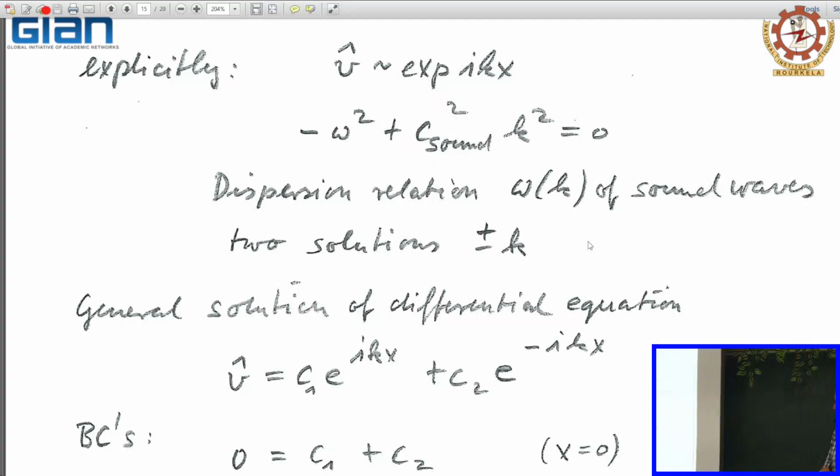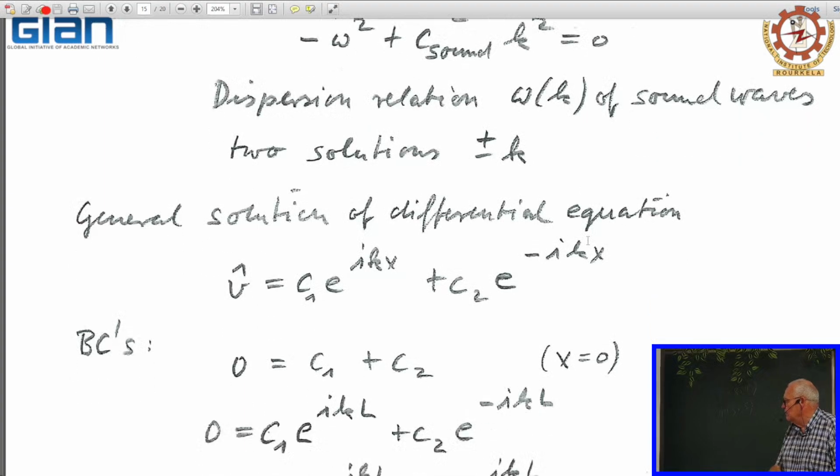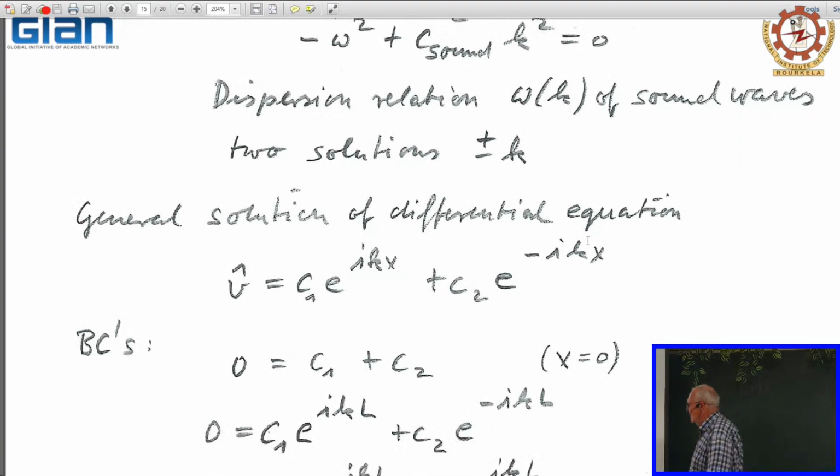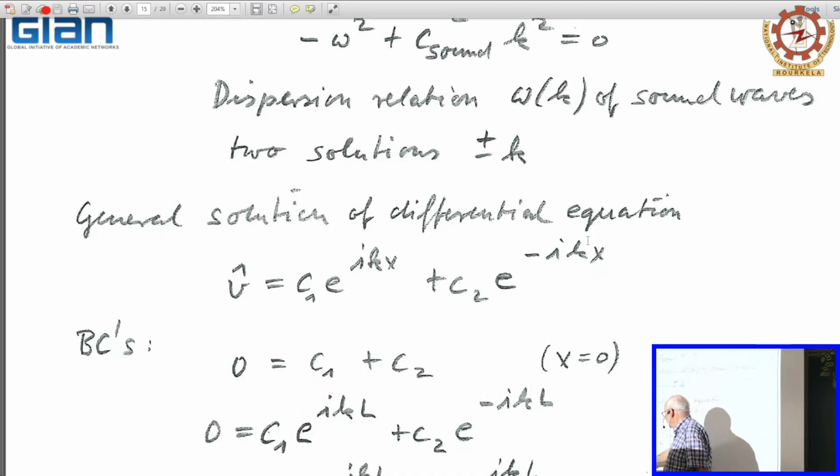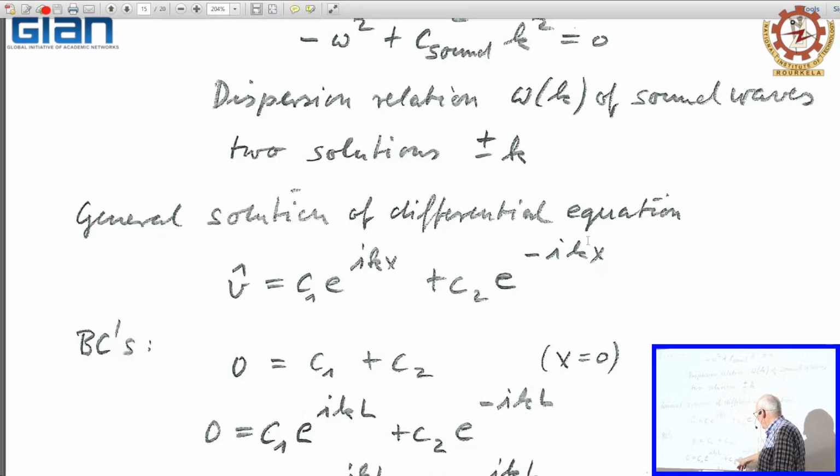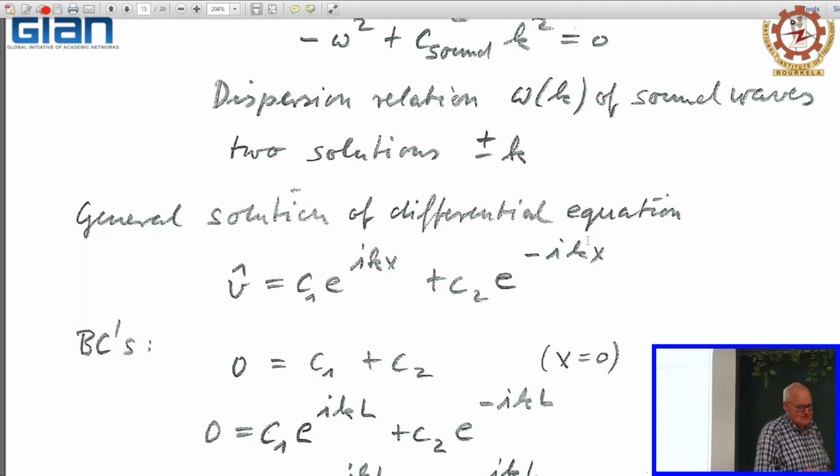Okay, let's take the other boundary condition at x equal to L, then we have 0 is C1 times e to ikL, where L is the length of our pipe, plus C2 times e to minus ikL. If we use that C1 is equal to minus C2, then we get a minus here, and we can cancel the integration constants anyway.